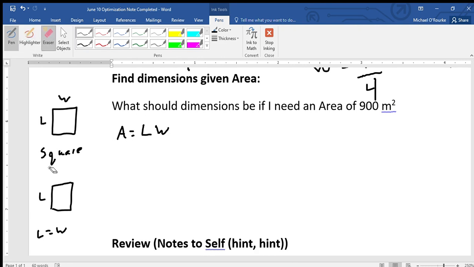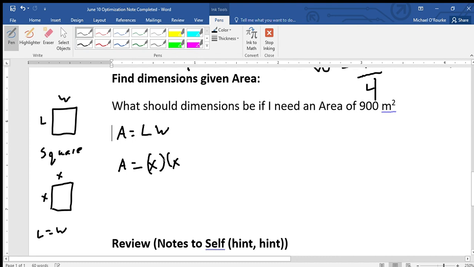So I'm just going to rename that x and x. So realistically, area equals x times x.